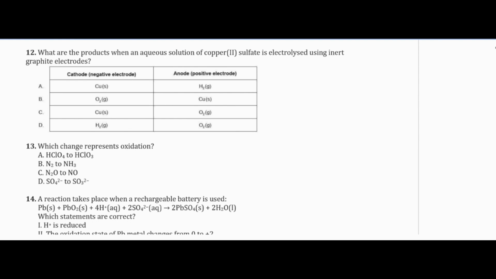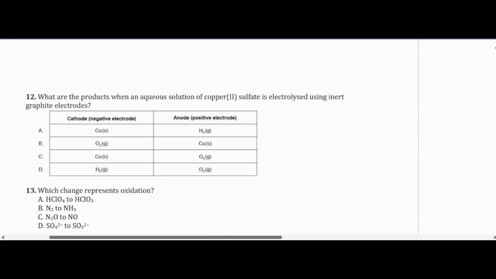12. What are the products when an aqueous solution of copper 2 sulfate is electrolyzed using inert graphite electrodes? Okay, so here we have an aqueous solution. That means we're adding the ions that water breaks down into. What are our positive ions?